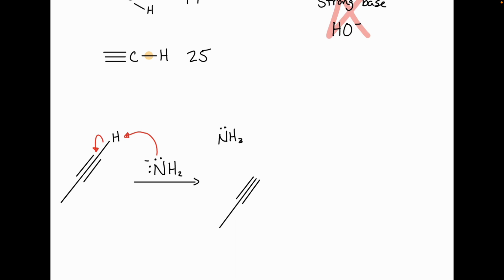Why a negative charge? Because I'm starting with a negative charge, right? So I know I'm going to have a negative charge in my product. And indeed, where did this pair of electrons that was in that carbon-hydrogen bond go? To the carbon. That is now a lone pair sitting on that carbon.